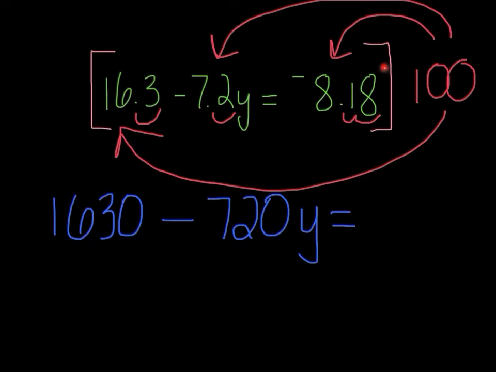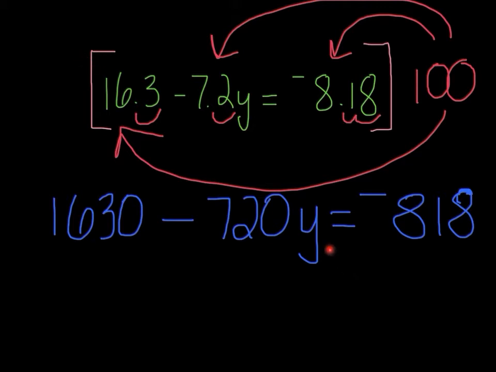For this term, when I multiply it by 100, I will get negative 818. Okay? So far, so good. Now, I've successfully cleared the equation of all of the decimals, and I can proceed forward like I would any other equation.